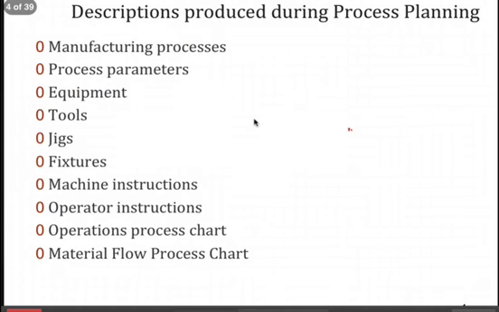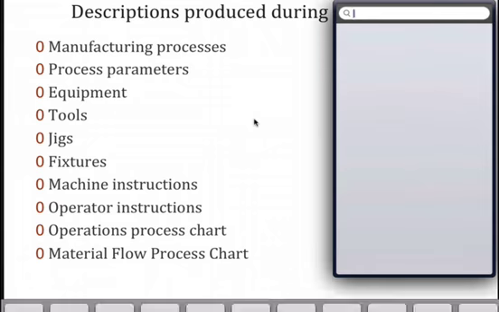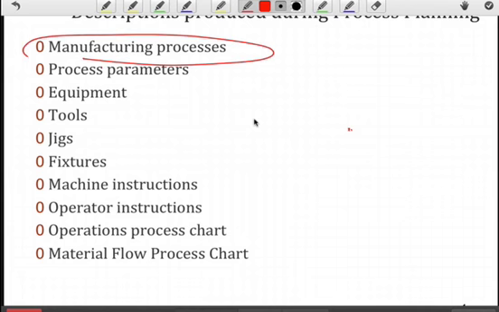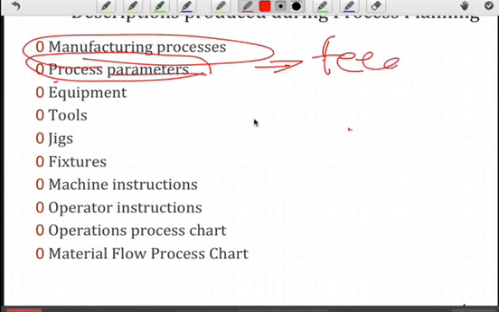What's involved in process planning? Well, as you can see, there's quite an exhaustive list of items that we need. First of all, we need to have all our manufacturing processes specified, and associated with that, all the process parameters. So in IE 274 or 248, you learned about things like feed rate, spindle speed.